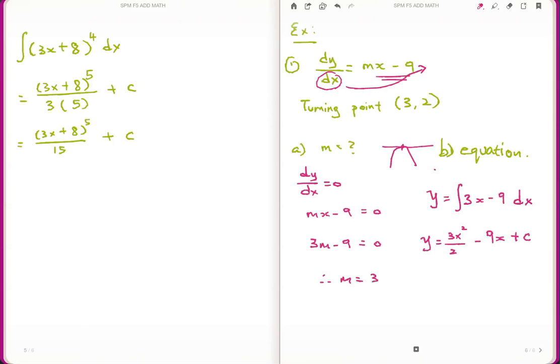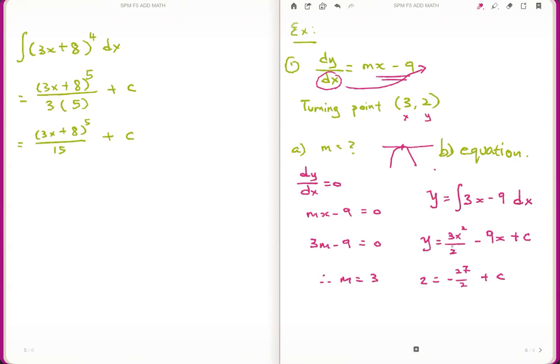To get the constant c, you make use of the turning point. You substitute when x is 3, y is 2. So therefore, this is 2. Put it in your calculator: 3 over 2 times 9, that will be negative 27 over 2, plus c.